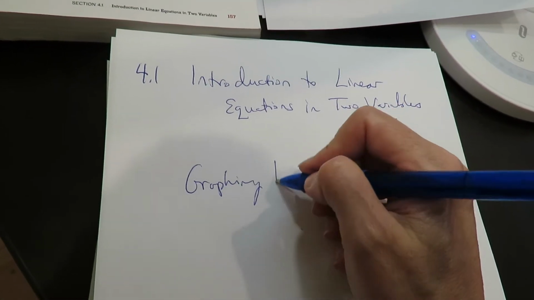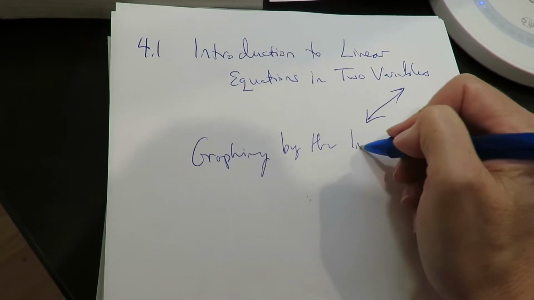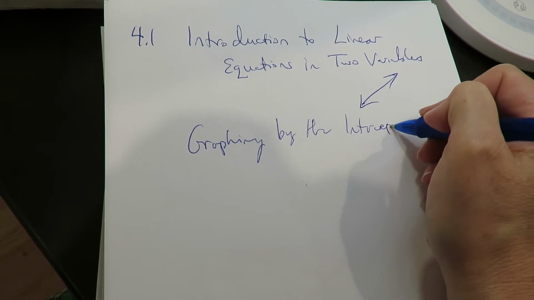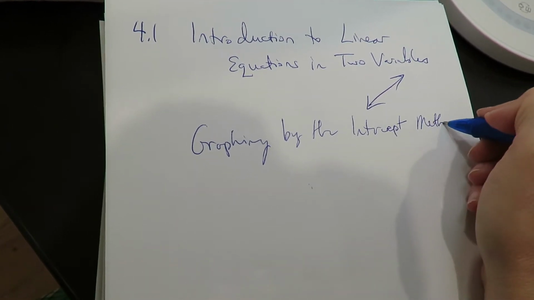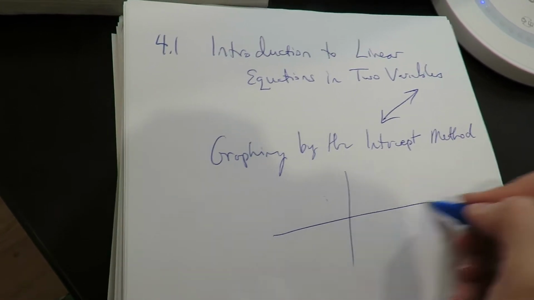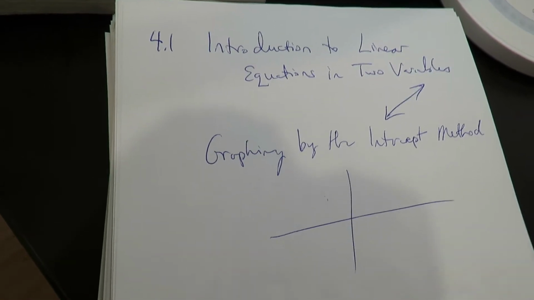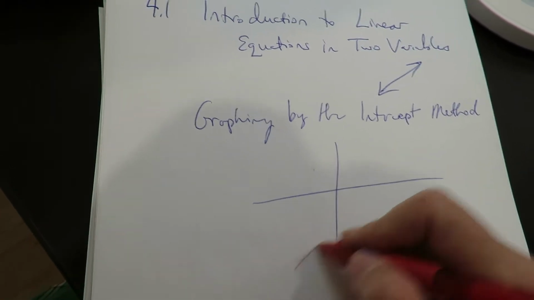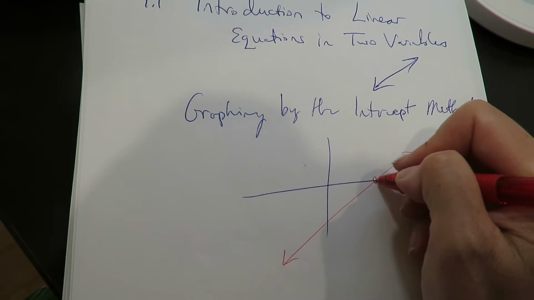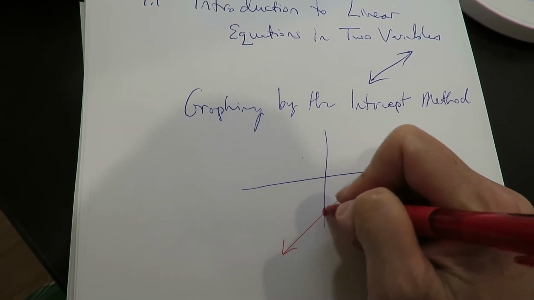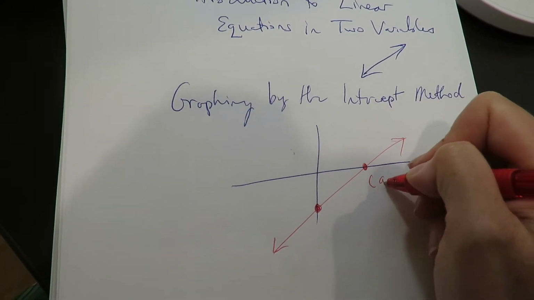So graphing by the intercept method. Graphing by the intercept method means that you're going to use the intercepts to graph your line.